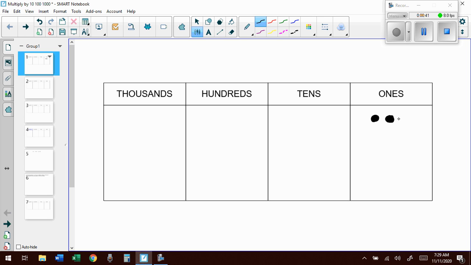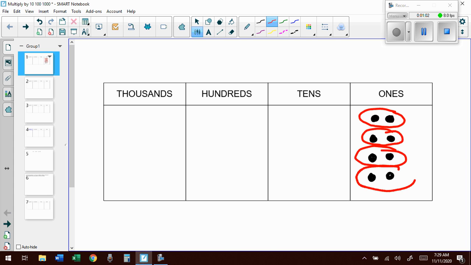So I have 1, 2, 3 twos, 4 twos. So I have these two ones, 1, 2, 3, 4 times.